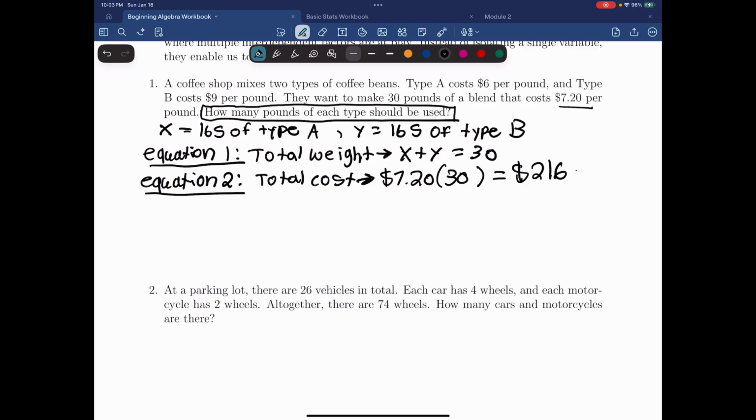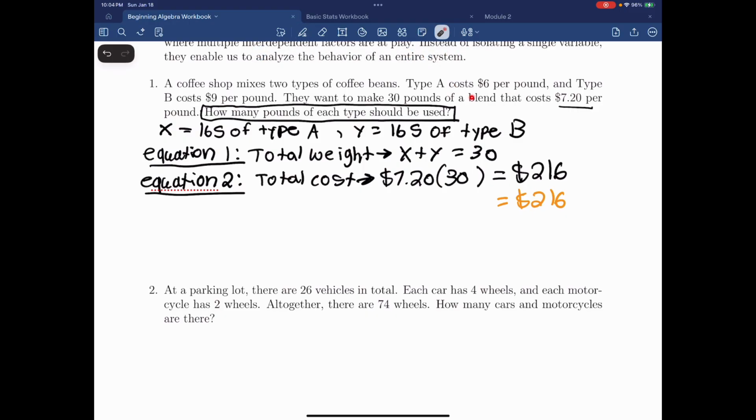Now that we have the total cost, let's actually set up the equation. So I'm going to write the equation down here in this yellowish color. We know that this equation has to be equal to $216. And we know that specifically type A costs $6 per pound, and we set up x as type A. So we're going to say 6x plus 9y.